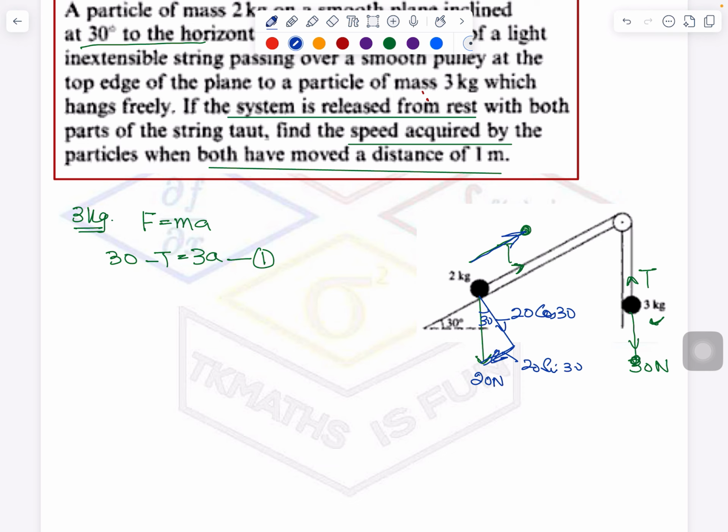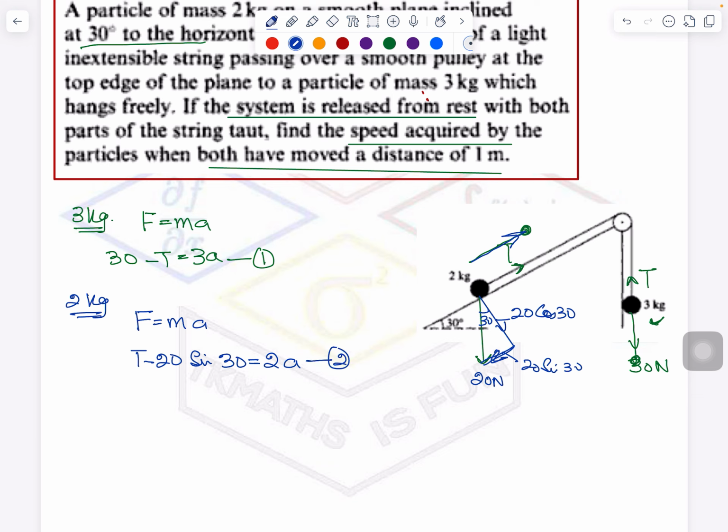So with respect to the 2 kg particle, F is equal to ma, it will be T minus 20 sin 30 is equal to 2a. This will be my equation number 2.